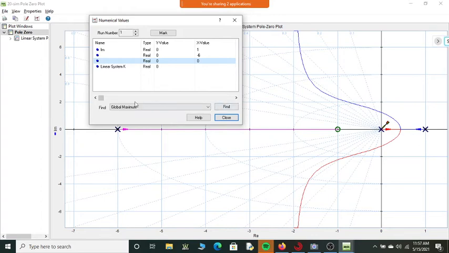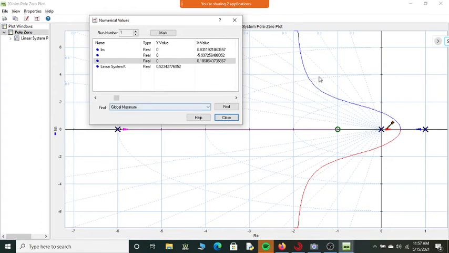Okay. See now, as I increase the value of K, can you observe that the arrow keeps moving? Can you see how many poles there are? One, two to the right, one to the left. The value of K is less than 7.5. How many poles are there to the right?